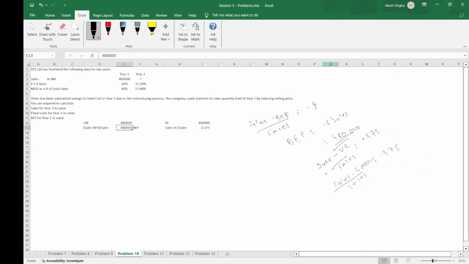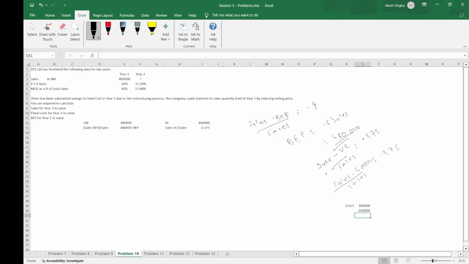So if we calculate it, it will be 1 minus 0.375 equals 4 lakh. So the total sales in the next year will be 6 lakh 40,000.